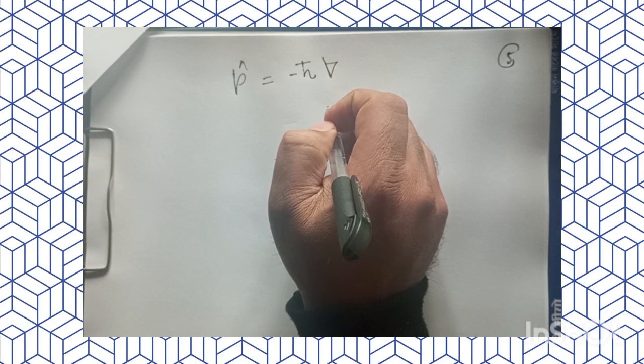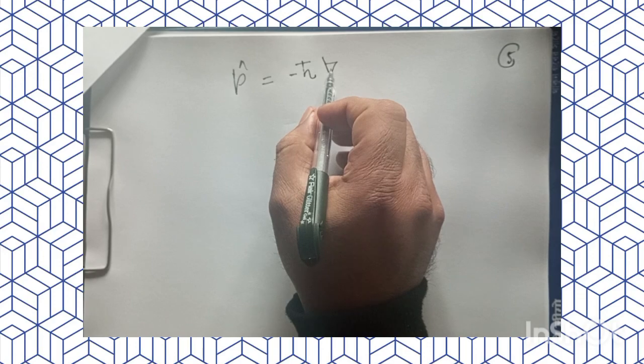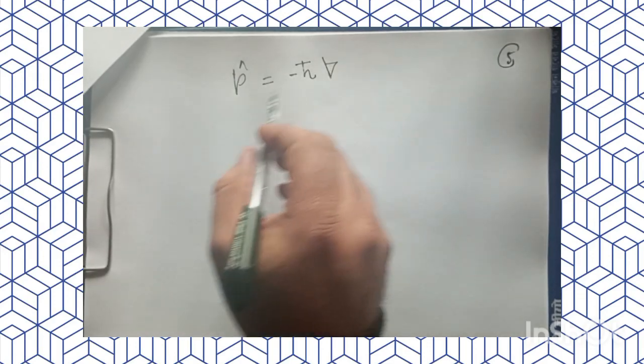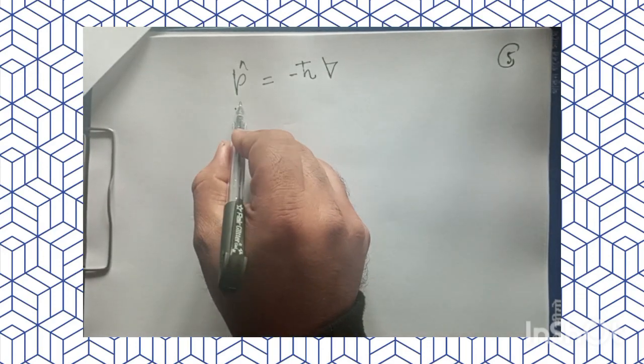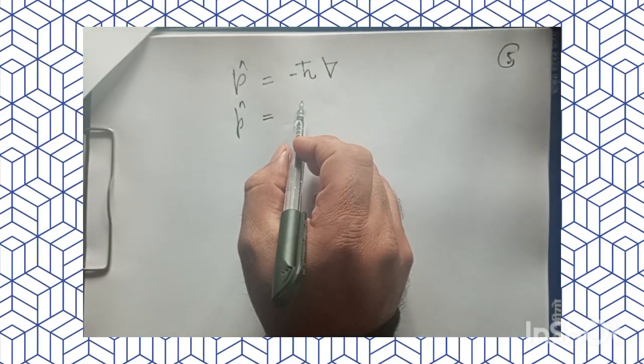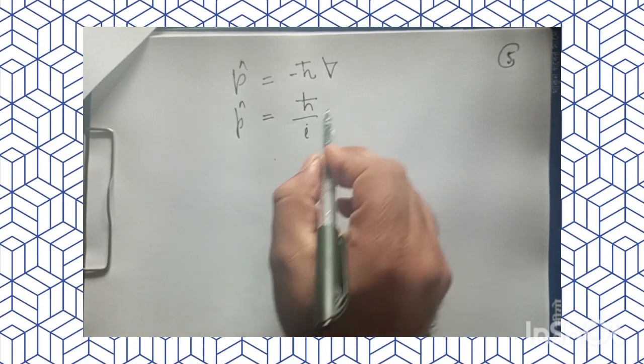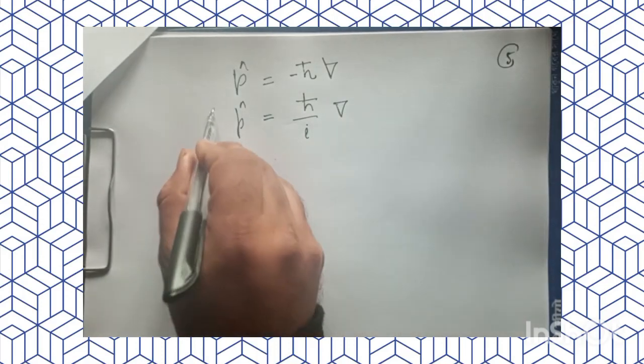So this will be what I call the momentum operator, and this momentum operator I can write as h bar by i and del.